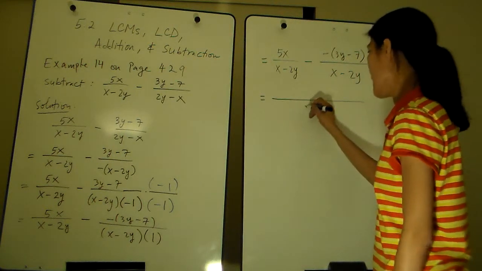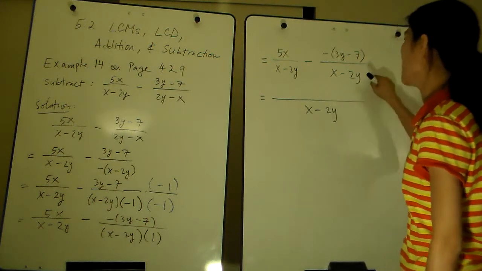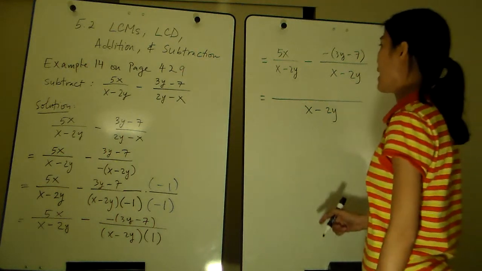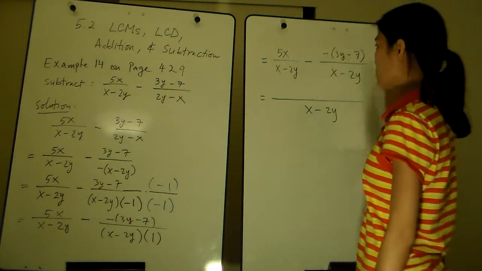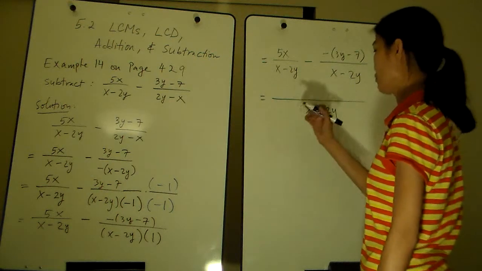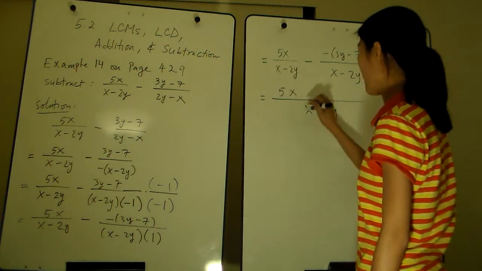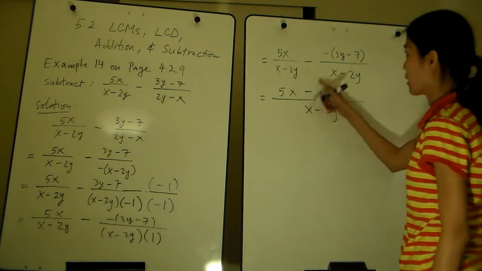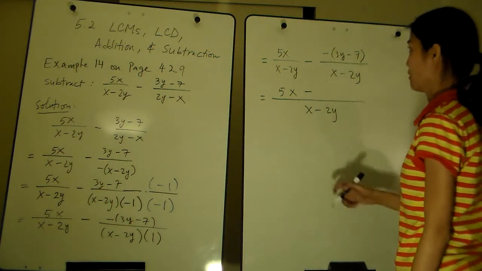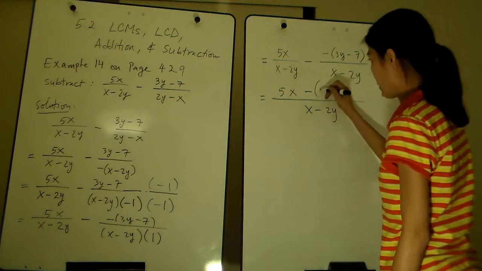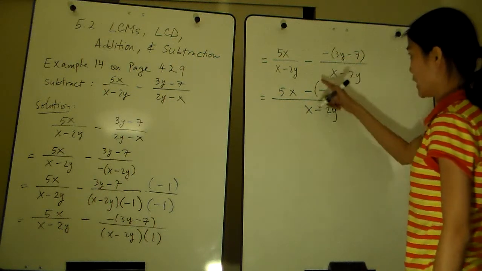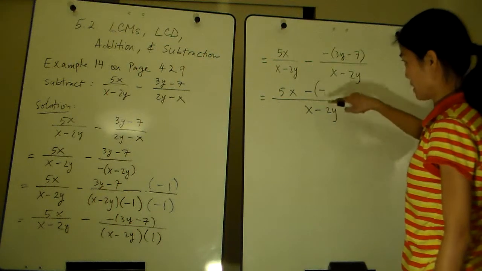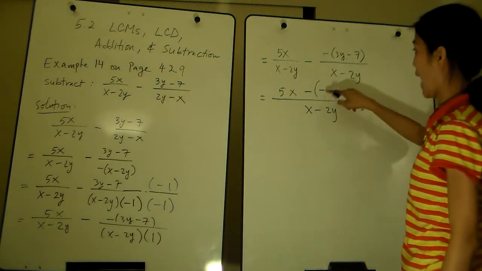So from here, you can combine these two fractions as one fraction with x minus 2y as the denominator. The common denominator goes here at the bottom, and then combining or subtracting the two numerators, you have 5x, subtract here. Don't forget you have another subtraction here. This subtraction comes from here, this subtraction comes from here, this subtraction comes from here, okay?